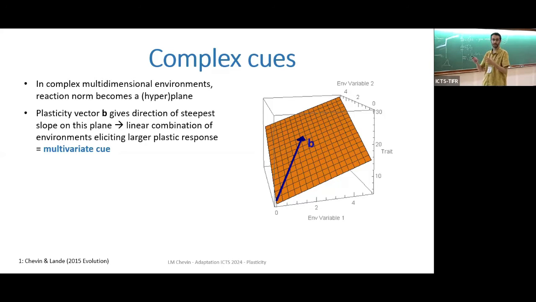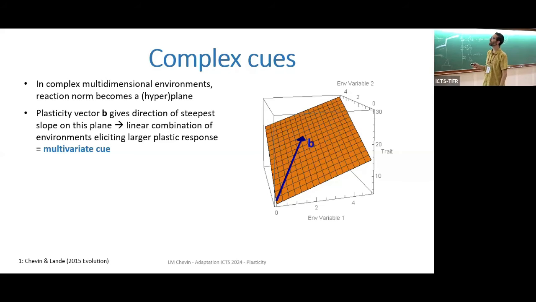And actually, it was the case in the original model by Gavrilets and Scheiner, where they had multiple traits responding to multiple environments. They kept it a little bit abstract, so we worked it out to understand a bit better how this works. So in this case, you have reaction norm in response to multiple environments. We have environment 1, environment 2, and it becomes this plane, you know.